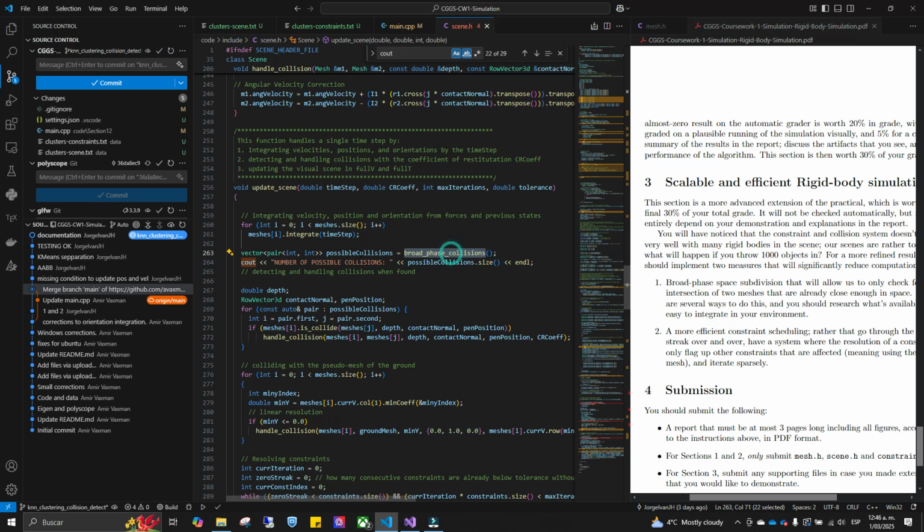So I implemented this function that returns a vector of pairs of objects, their indices of every box in the simulation that are very likely to collide.